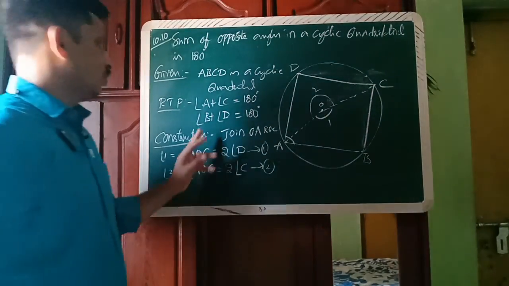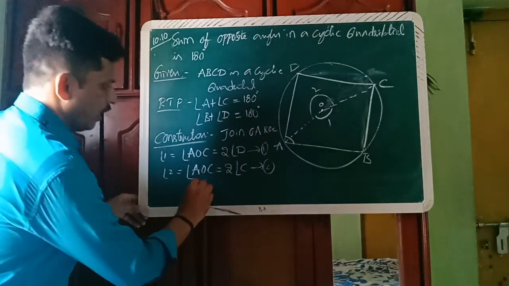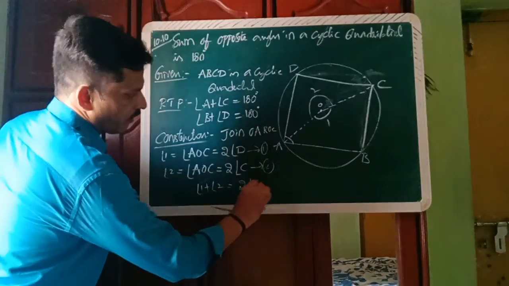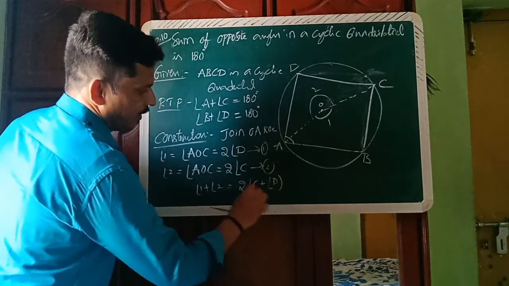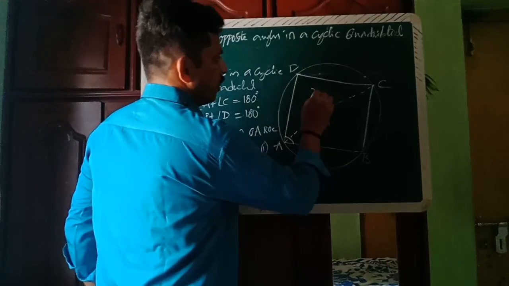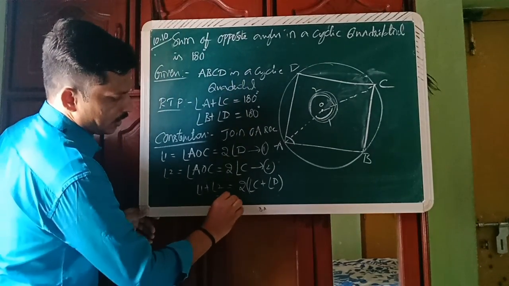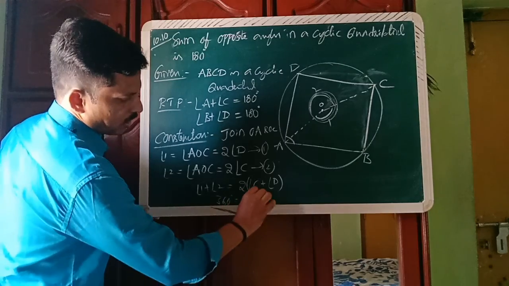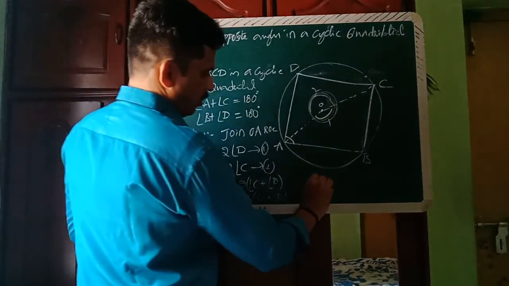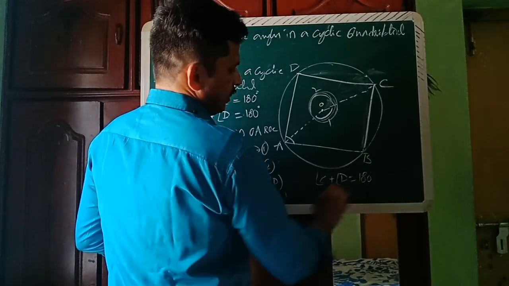From 1 and 2, angle 1 plus angle 2 is equal to 2 times angle C plus angle D. Angle 1 plus angle 2 is this complete angle, which is 360 degrees, equal to 2 times angle C plus angle D. Therefore angle C plus angle D is equal to 180 degrees.